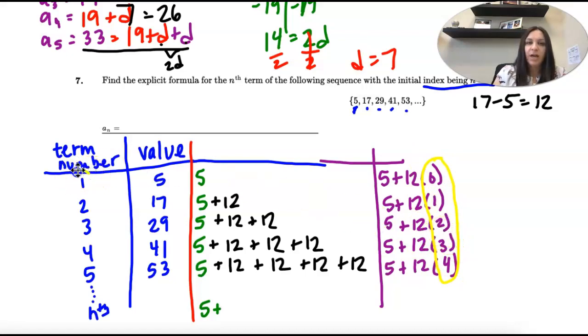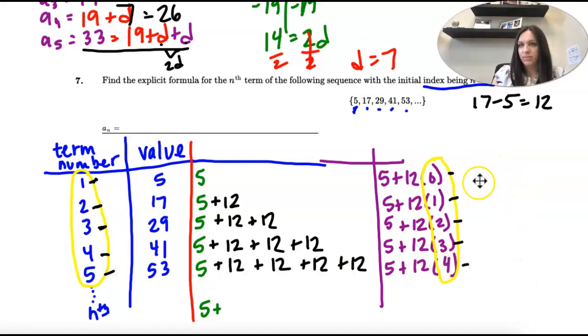But I want you to look at how it relates to these numbers. This is 1, this is 0. This is 2, this is 1. This is 3, this is 2. 4, 3. 5, 4. These are always 1 less than the term number.